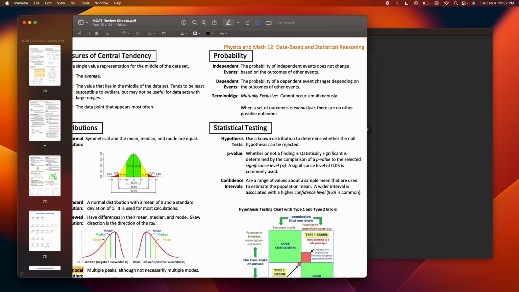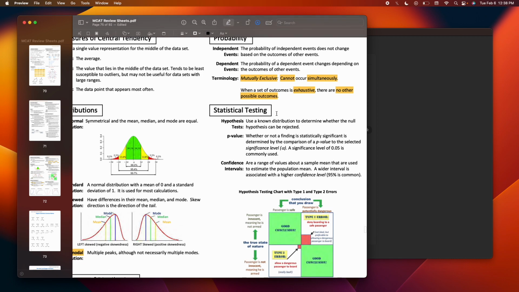Terminology: mutually exclusive means the outcomes cannot occur simultaneously. When a set of outcomes is exhaustive, there are no other possible outcomes. So exhaustive means no other possible outcomes.